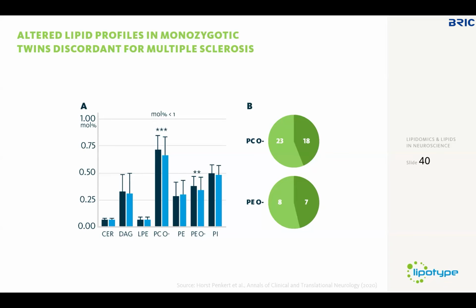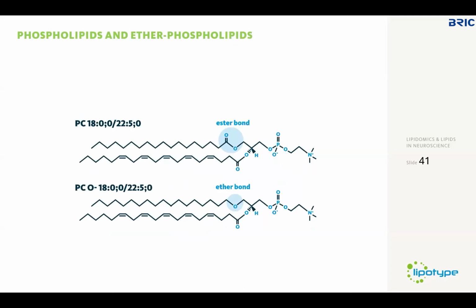Interestingly enough, the top hits were for PCO and PCO minus, and they contained polyunsaturated fatty acids. For example, here you see the two lipid species that were involved in patients with multiple sclerosis. This is PC and PCO minus, both with polyunsaturated fatty acids. I think in this particular case, it's arachidonic acid.